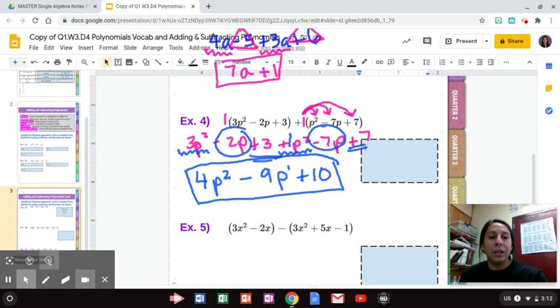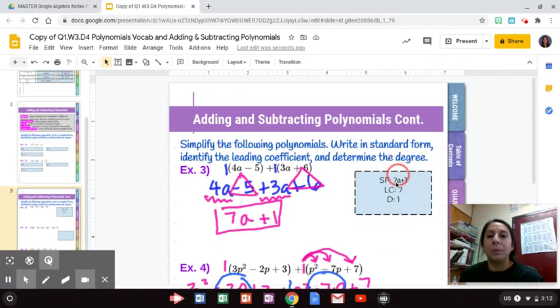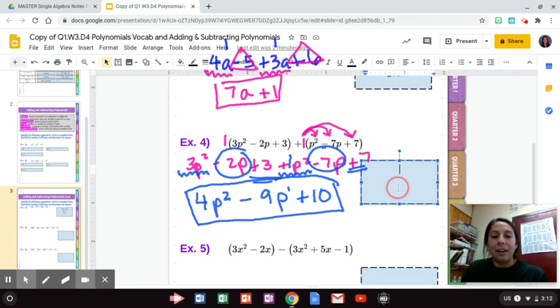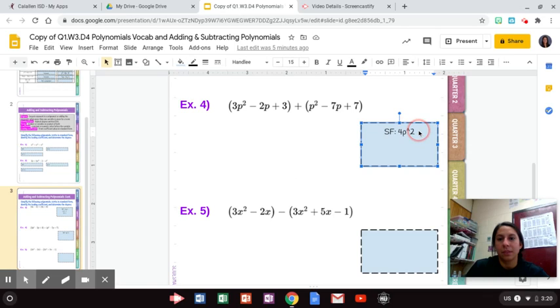So if I were to type this in standard form, we would make sure, whoops, sorry about that. We would make sure that typing it in standard form, we have 4p squared. Now to save time and not have to go back to Hypatia, I'm just going to put 4p raised to the second.